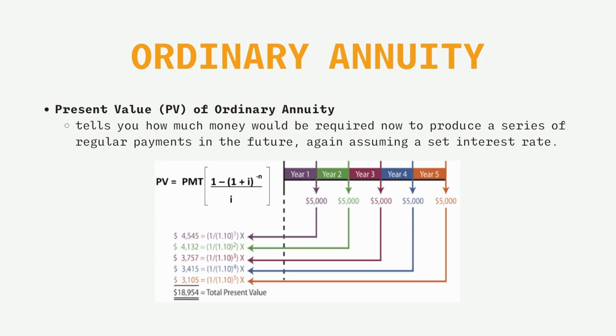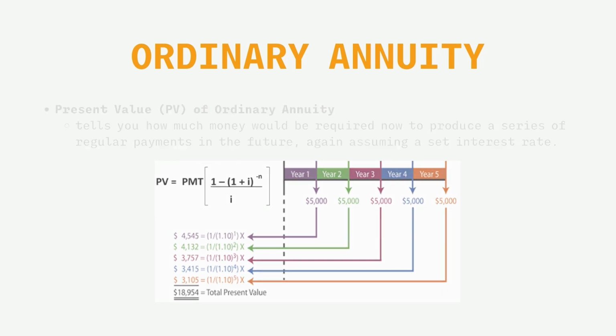And if you forget what this formula is all about, you can simply compute the simple present value formula of each year, and then from there, you can add up the present value of those years, and the sum total is equivalent to the same answer you would have had if you used this present value formula.